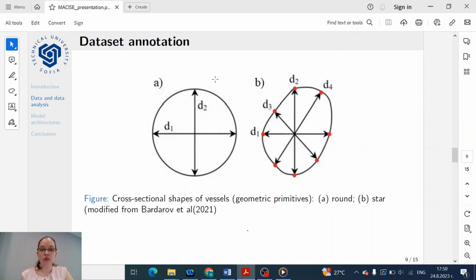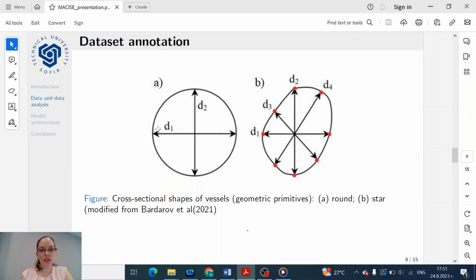For the dataset annotation, I started with the repetition of the distribution of the pixels, but we will also focus on the shape of the vessel. So here we will use some shapes which we know as geometric primitives, and we can have two of them.